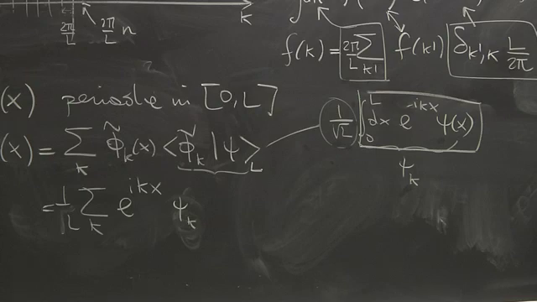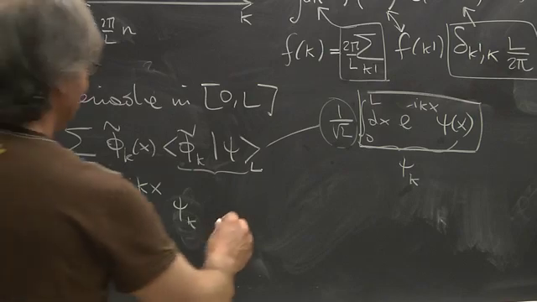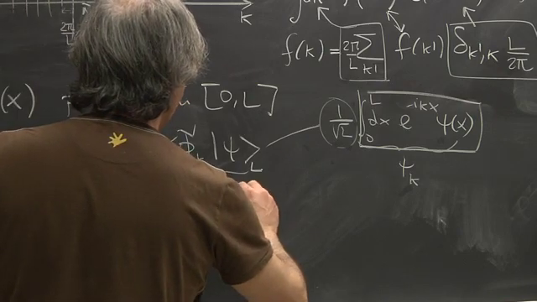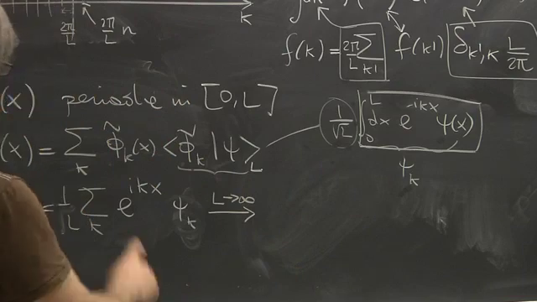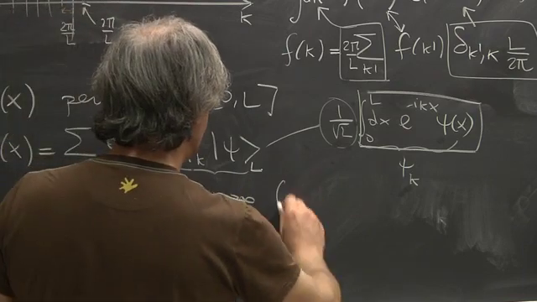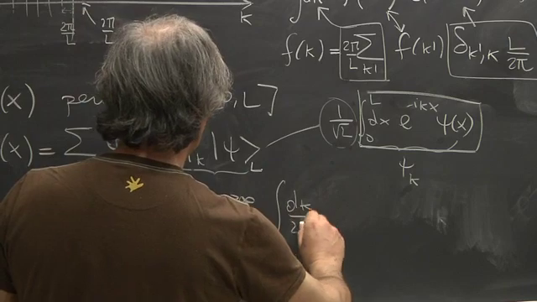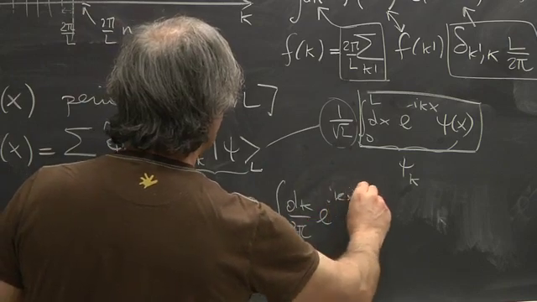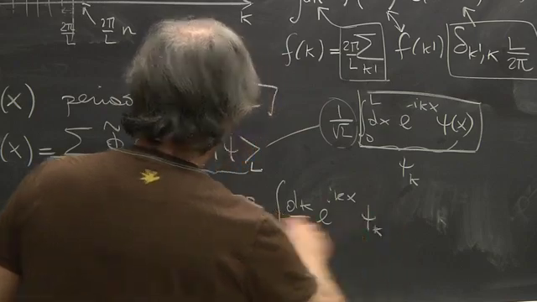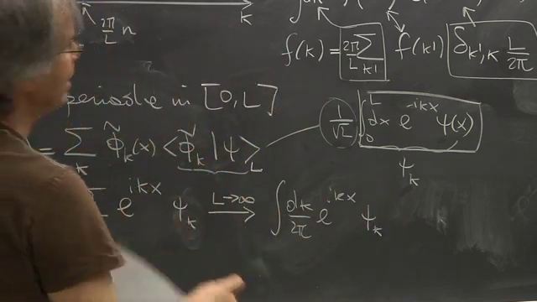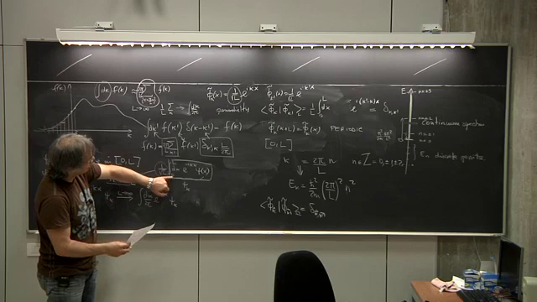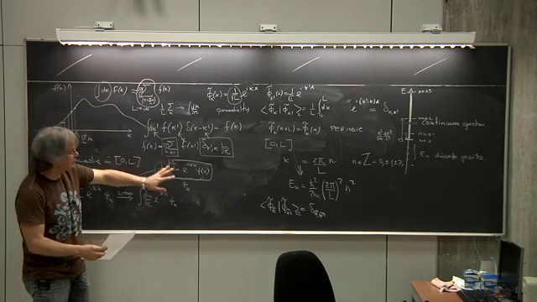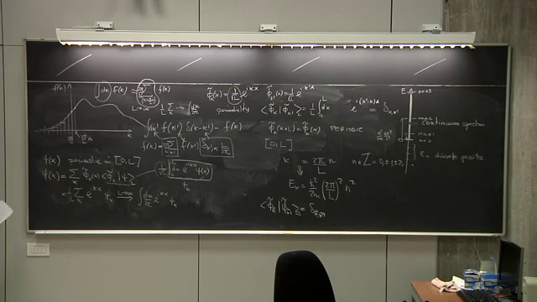Is this clear? Now you are almost ready for a limit here. This is a Fourier series that in the limit L going to infinity becomes immediately a Fourier transform, because this becomes the integral in dk over 2 pi e to the i k x psi k. The same object, obviously, with the integral now from 0 to infinity, or even from minus infinity to plus infinity.